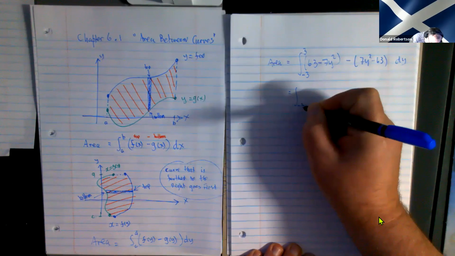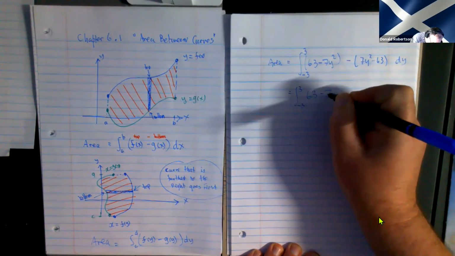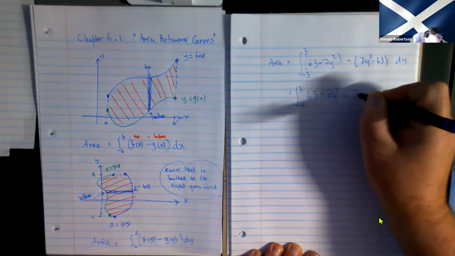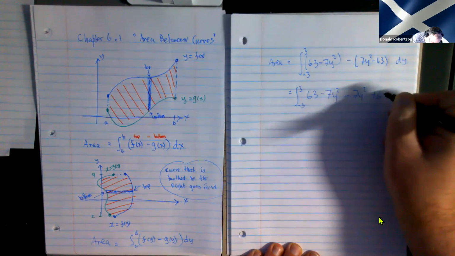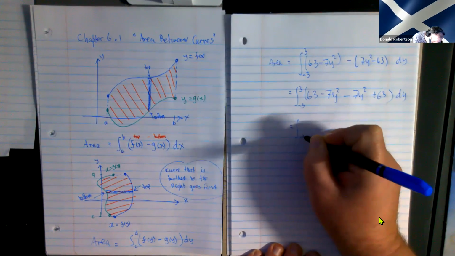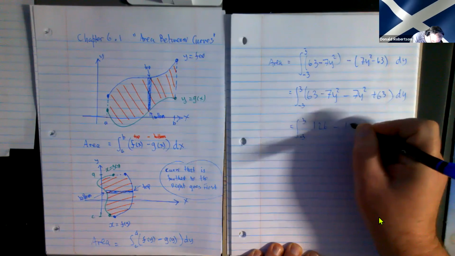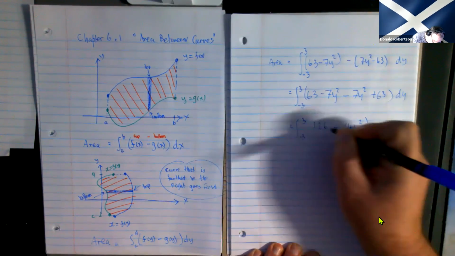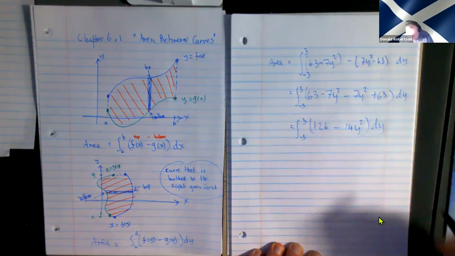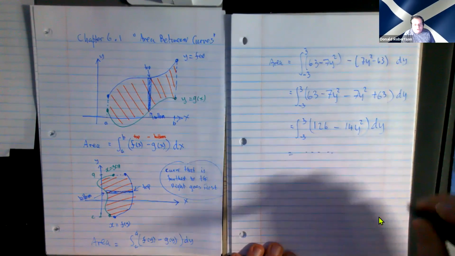So what would that look like? Well, I would probably do an extra line before I do anything else. Take away 7y squared, add 63. And that would be the integral from -3 to 3 of 126 take away 14y squared. Now, as big as these numbers are, would you agree that is just power rule and plug and chug?